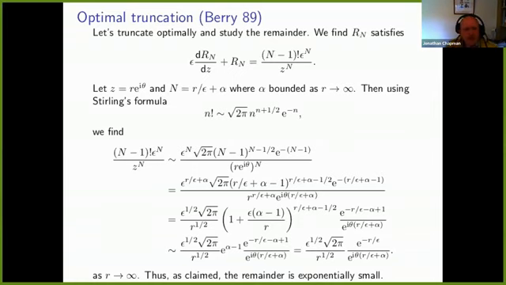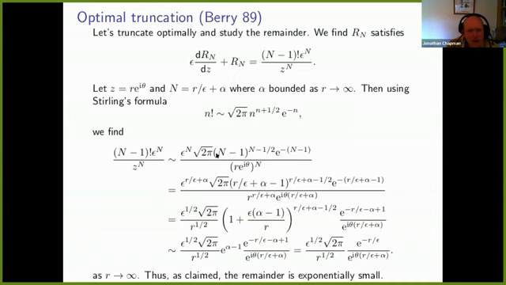For the factorial, I'm going to use Stirling's formula because I'm doing this for epsilon small, so n is large. And so for this term on the right-hand side here, you put the factorial in, you put the z as R e to the i theta in, and then you start manipulating it.